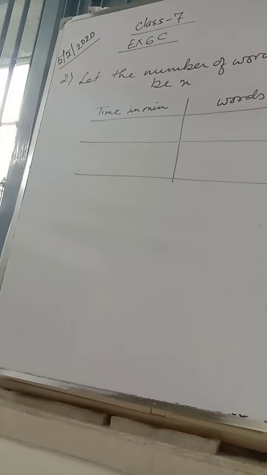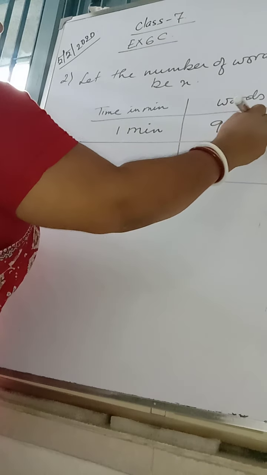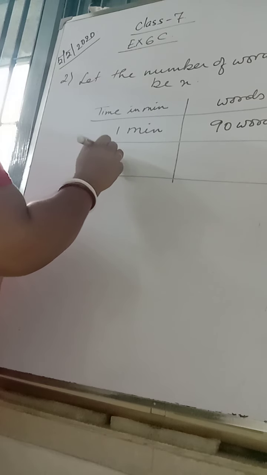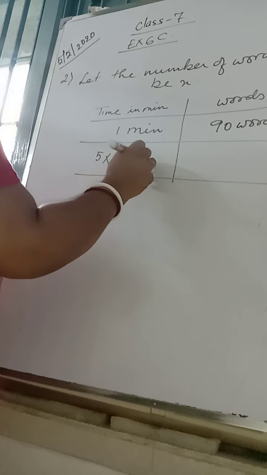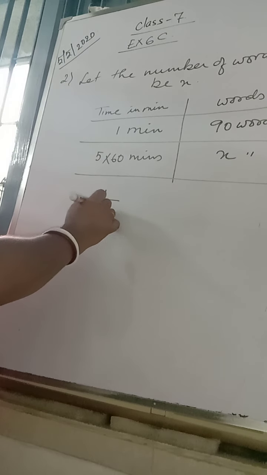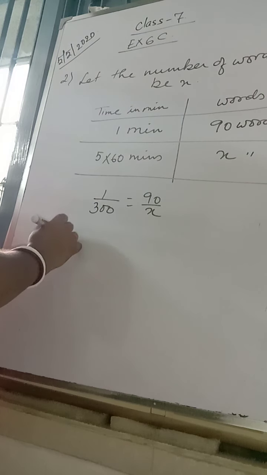First it was 90 words in 1 minute. 1 minute, 90 words. 5 hours, if we convert into minutes, 5 into 60 minutes, X words. So it gives you 1 by 300 is equal to 90 by X.